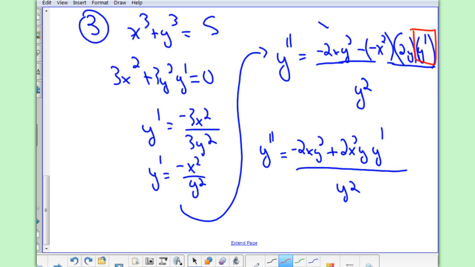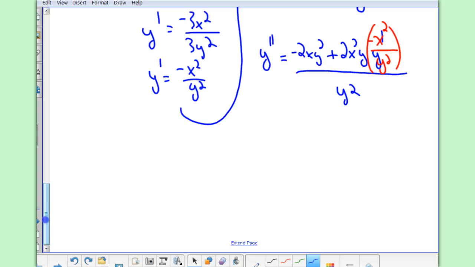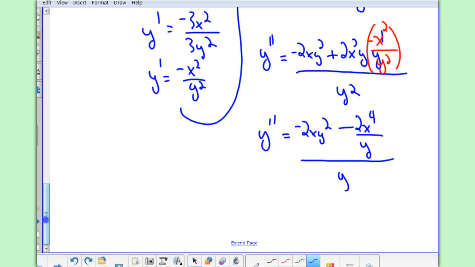This y prime can now become, right, so we substitute in there, and that has to become x squared over y squared minus, right, minus x squared over y squared. And when we do that, we have to simplify. So y double prime equals minus 2xy squared minus 2x to the fourth over y all over y squared.